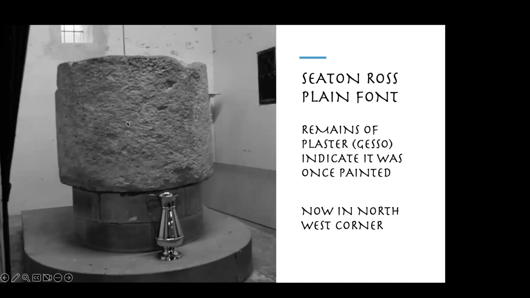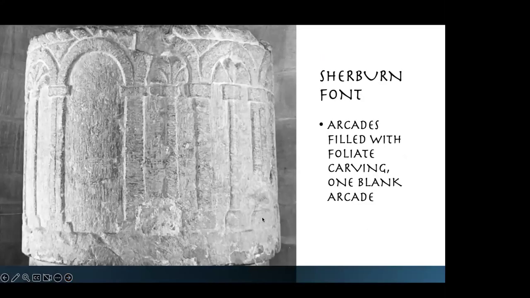So you have to cover the stone with a thin coat of plaster and glue in order to provide a ground for the paint to stick and to produce the right colours. So that has the remains of some plaster. Obviously, everything's worn off by now, but that suggests that it was once painted. No idea what the pattern was.